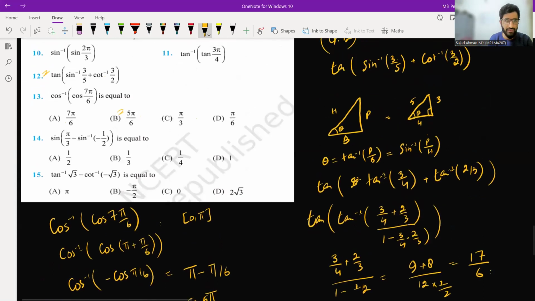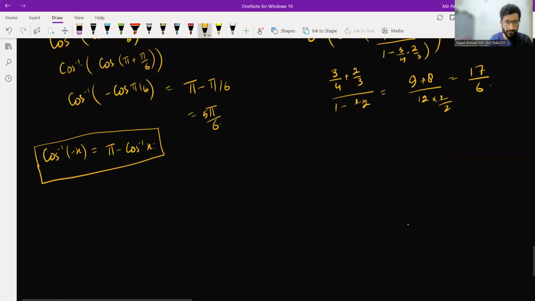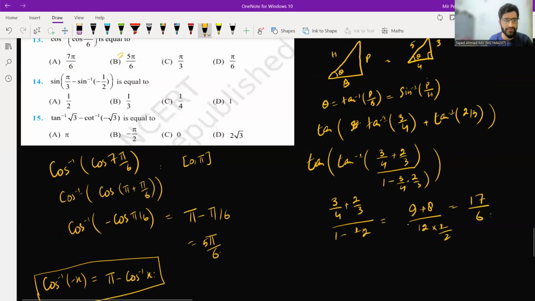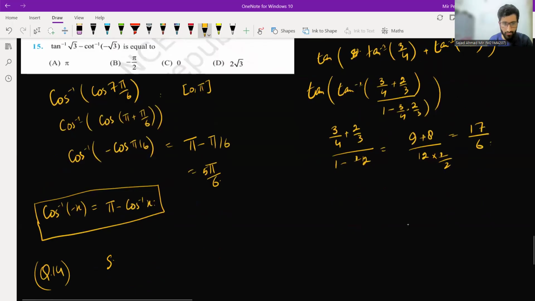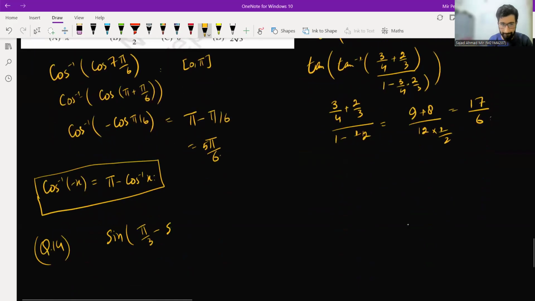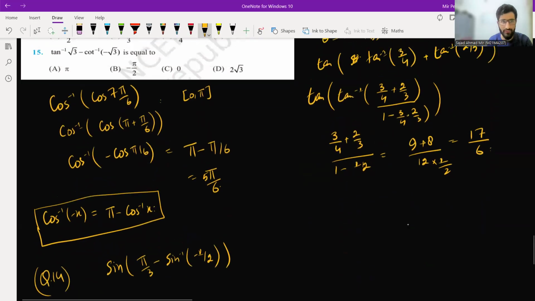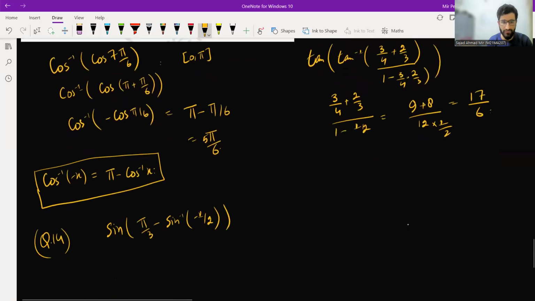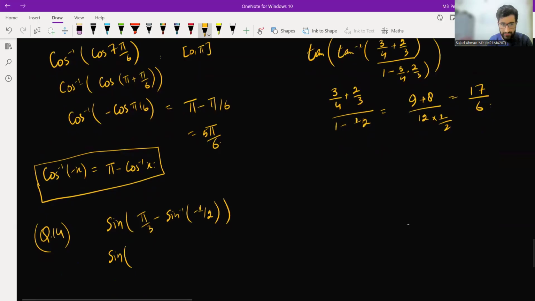Now, for question number 14, it says that we have to find the value of sine of pi by 3 minus sine inverse of minus half. So what will be the answer for this? This will be sine of pi by 3 minus sine inverse of minus x.